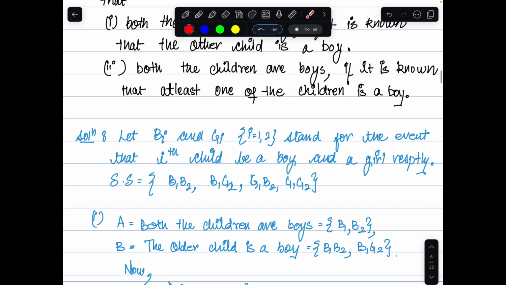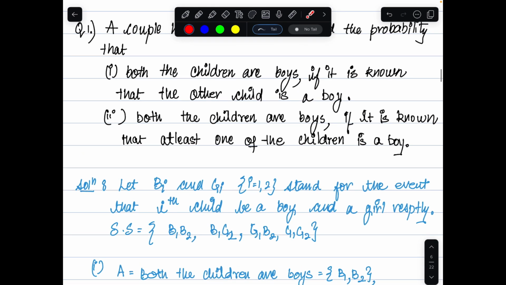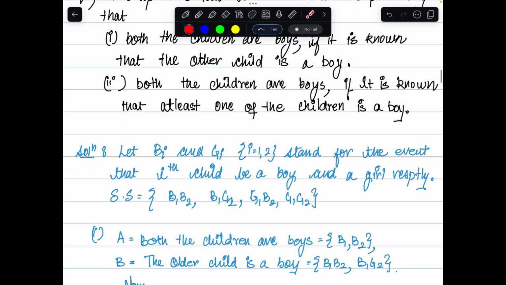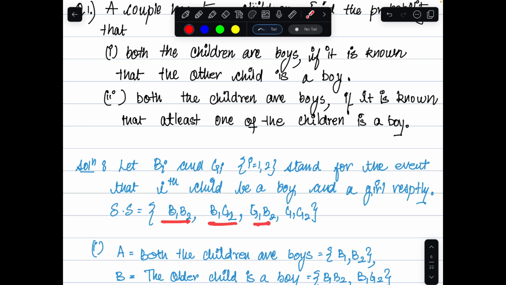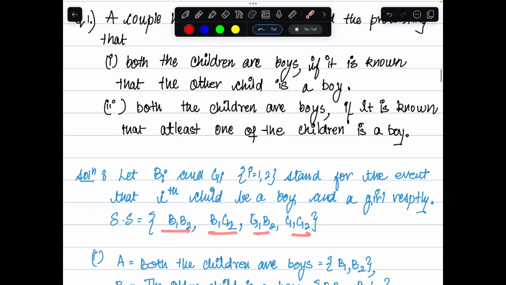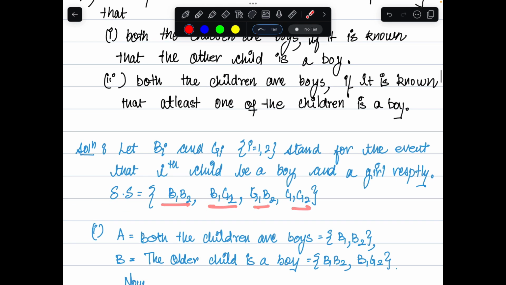Okay, now since 2 children are there and they are talking about 2 children, so here what will happen is you are going to get 4 elements in the sample space. Why? Look here, so let Bi and Gi denote the boy and girl, that means in the order. That means B1 means the first child, B2 is the second child. Okay.